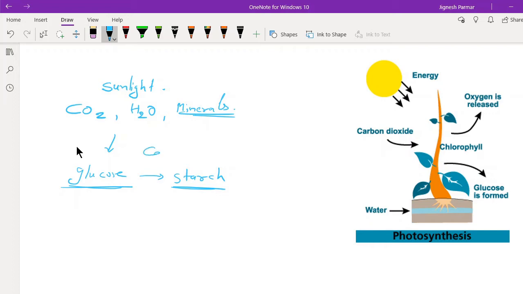Glucose is a carbohydrate. The carbohydrates which are not used up are converted into starch, which serves as an internal energy reserve to be used as and when required by the plant.